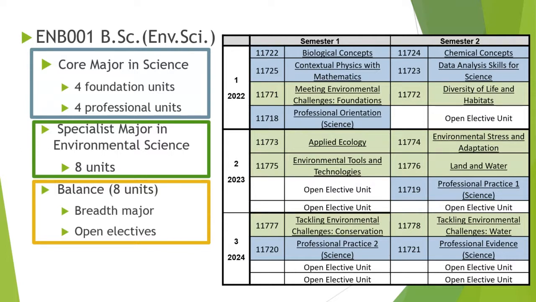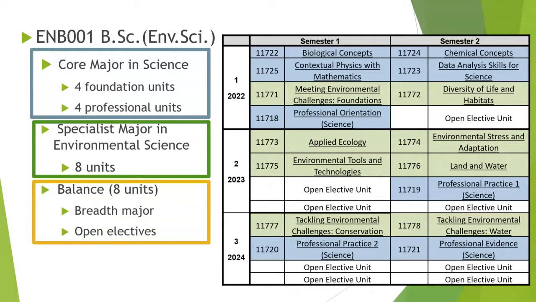Some of you might be interested in compiling those 8 into what we call a breadth major. So have a look around the university and see if there is a major on offer that tickles your fancy. And you can compile that into, as I say, your breadth major. Some of you won't want to do that. Some of you want to keep it flexible, keep it open and just do a unit here, a unit there.